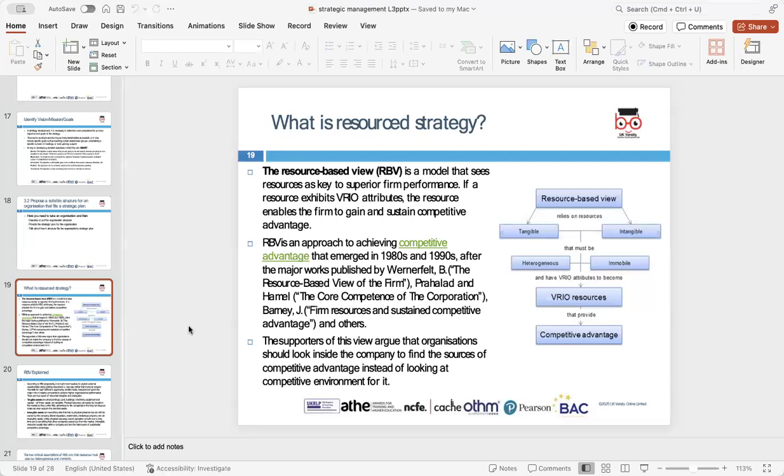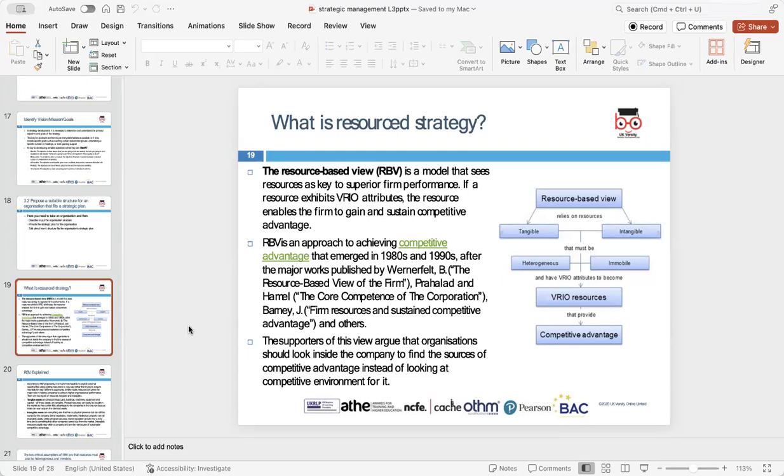According to the RBV, if a company's resources are valuable, rare, and organized, they can help the firm outperform competitors. RBV emphasizes that companies should look within to find their sources of competitive advantage rather than relying solely on external factors.